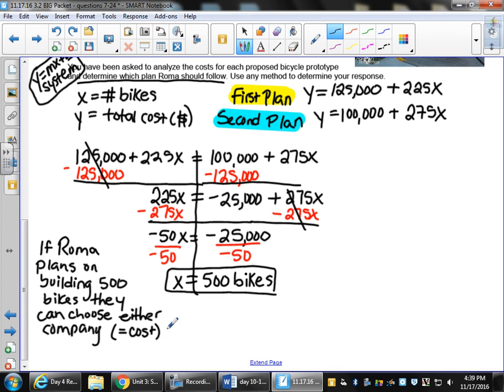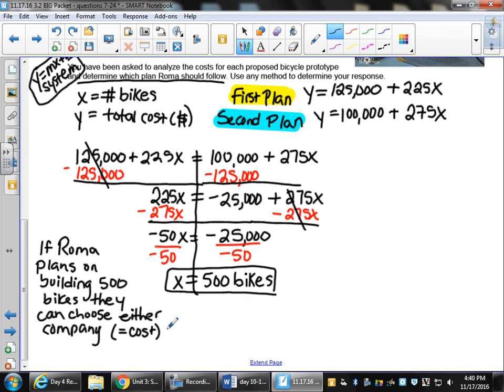So that's cool, because let's say they only want to build 500 bikes, then they could financially be safe to choose either one. Maybe they have a preference, which is great, because then they can just choose the one that sounds better, looks better, better reviews. What if they don't want to build 500 bikes? This is where helping to give them advice comes into play.